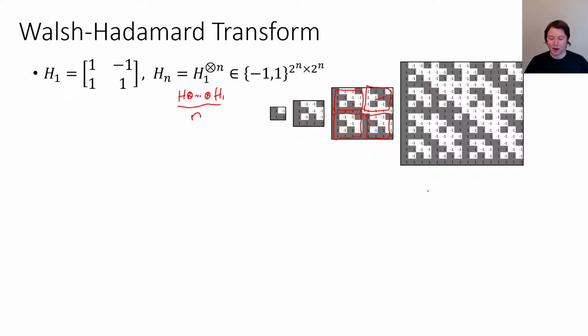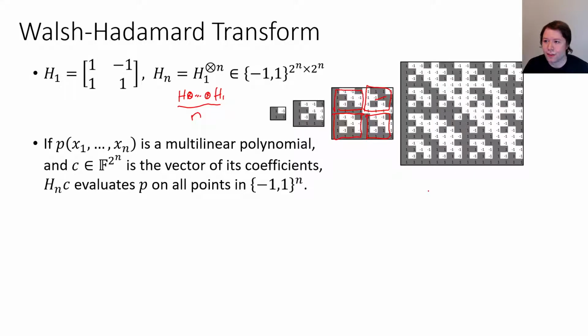Okay, so if you haven't seen the Walsh-Hadamard transform before, it comes up in a lot of different contexts in algorithms and complexity. One notable example is that the Walsh-Hadamard transform is actually the Fourier transform over the Boolean hypercube. What I mean by that is, if you have a multilinear polynomial p in n variables, you can form the vector of its coefficients.